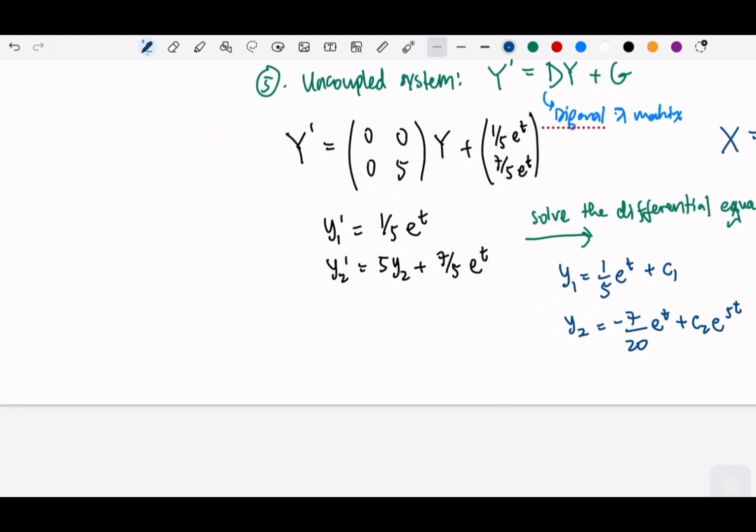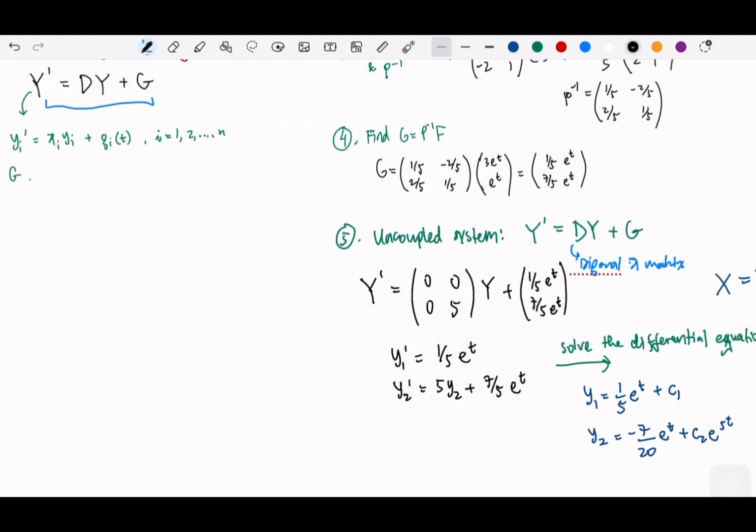And then at the end we are going to add the x is Py, so Py will be, so x is Py.